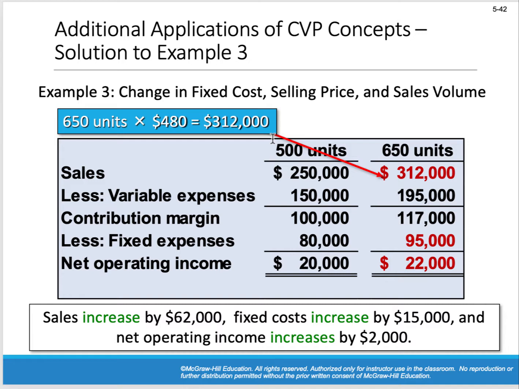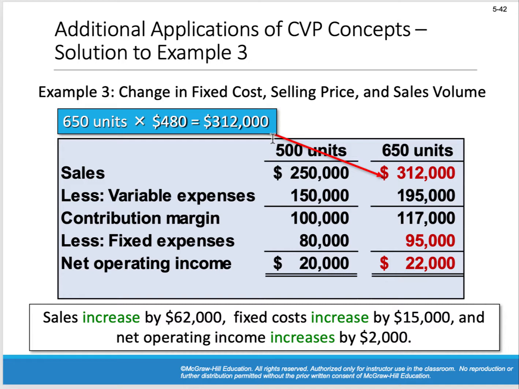This is the third example, and we're only changing selling price and fixed cost, and that's going to increase our sales volume, okay? So we have to calculate our new variable expense. Very easy to do. What's our variable expense per unit? $300. What is our new sales quantity? 650 units. So we now get a total variable expense cost of $195,000.